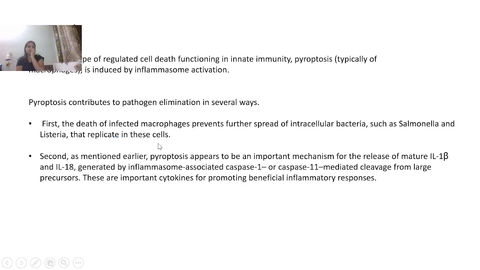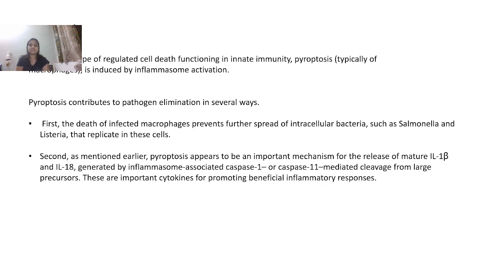And second, it can also induce the secretion of certain cytokines like IL-1 beta and IL-18, and it will release the mature form of these cytokines. There will be inflammasome-mediated caspase 1 or caspase 11 cleavage from large precursors, and they will generate inflammatory responses.